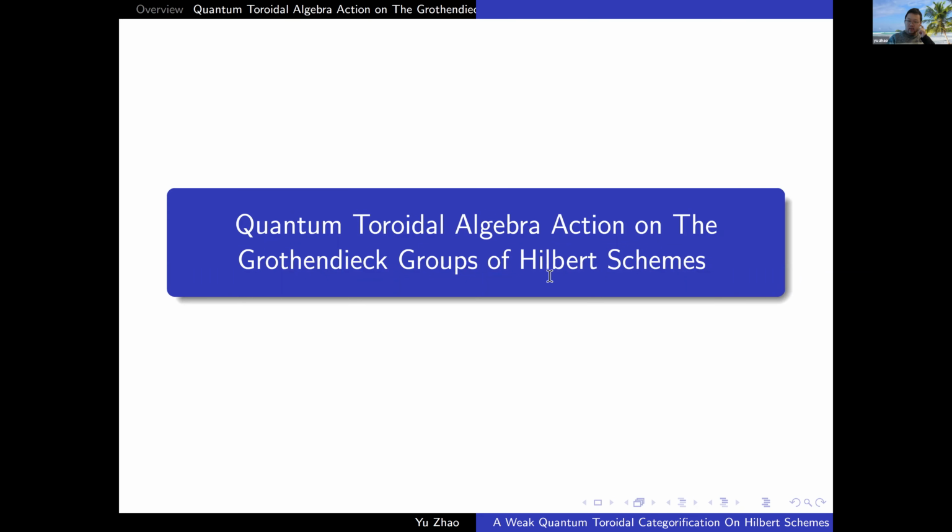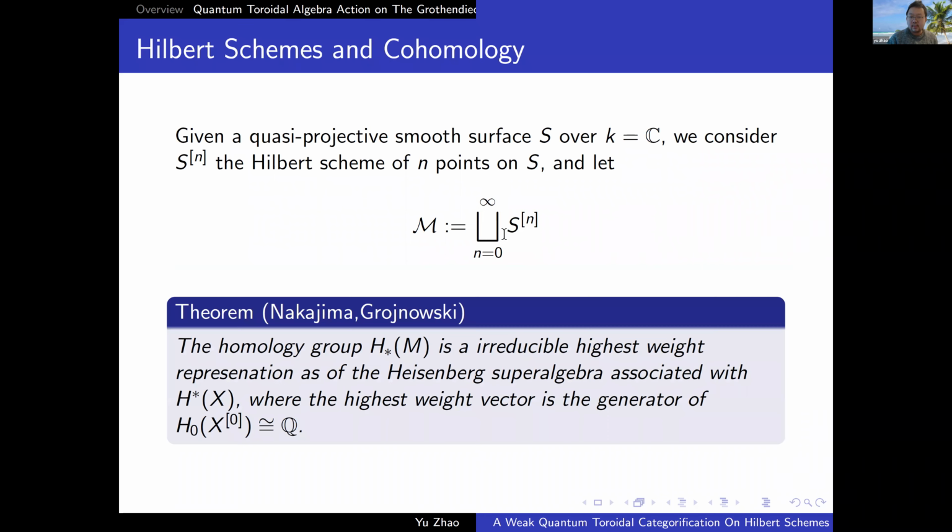So what's the quantum toroidal algebra and what's the Grothendieck group of Hilbert schemes of points? Here we are always considering a quasi-projective smooth surface.